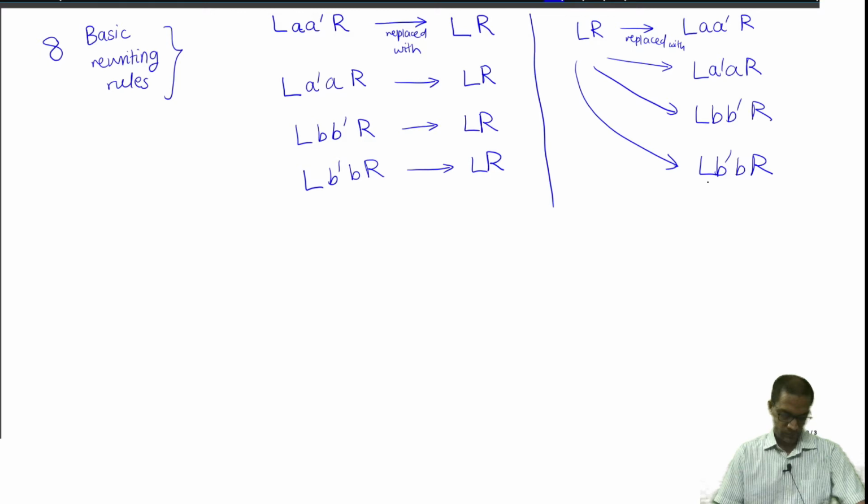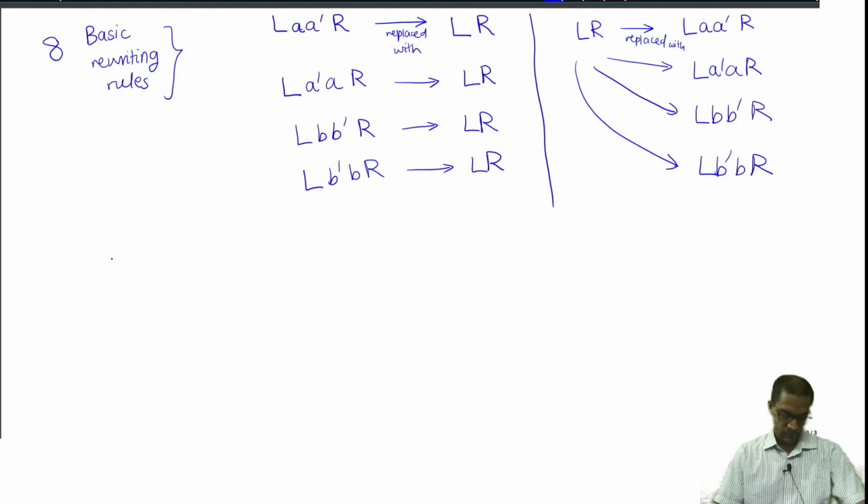Now using any of these 8 basic rewriting rules in sequence, you are allowed to use them again and again, one after the other, in any order you want. Now keep doing this, and starting from a word W1, if you can somehow obtain W2.